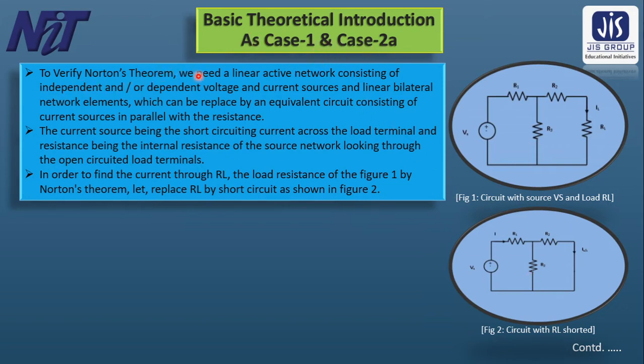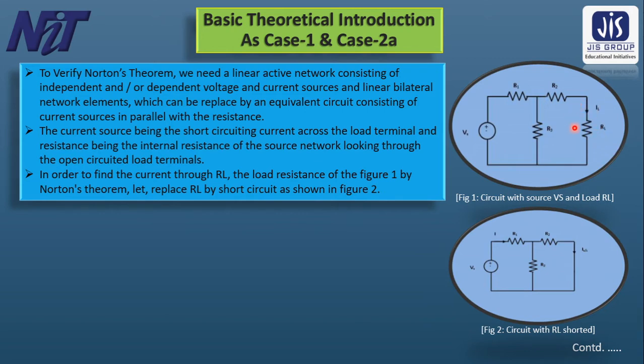To verify Norton theorem, we need a linear active network consisting of independent or dependent voltage and current sources and linear bilateral network elements, which can be replaced by an equivalent circuit consisting of a current source in parallel with a resistance. You already know that from the previous slide. The current source is the short circuit current across the load terminals, and the resistance is the internal resistance of the source network looking through the open circuited load terminals.